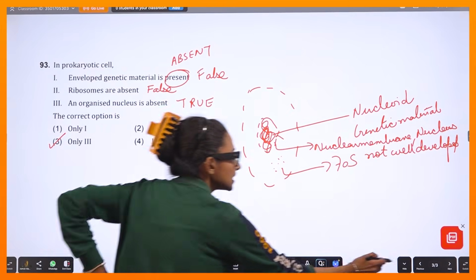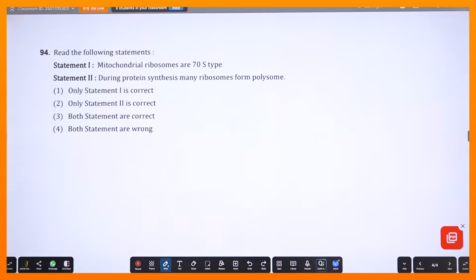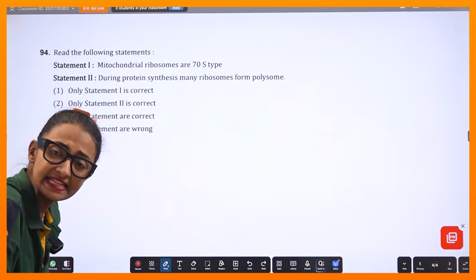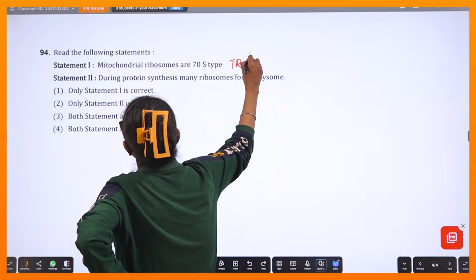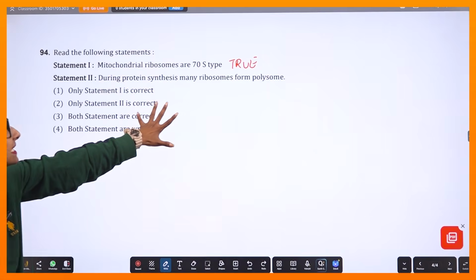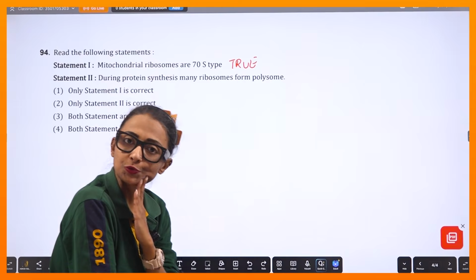Now let's move to the next question. Read the following statements. Mitochondrial ribosomes are 70S type. Absolutely true. During protein synthesis, many ribosomes form polysomes. That's true.